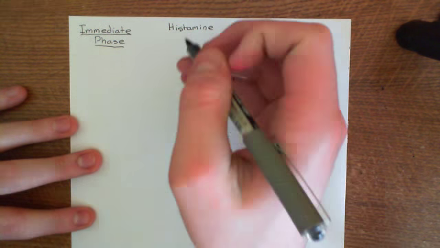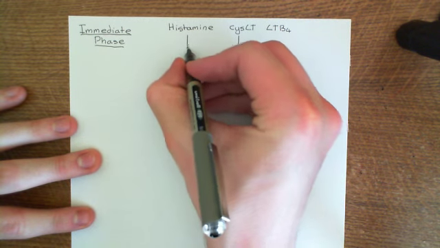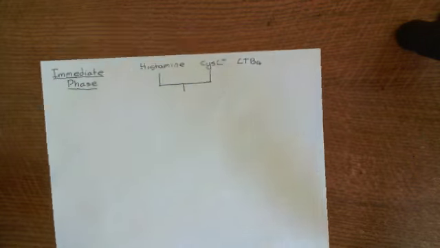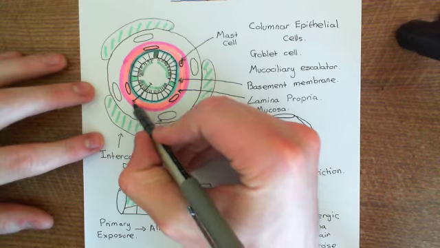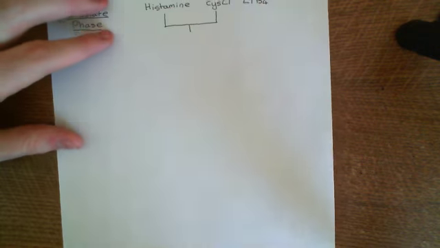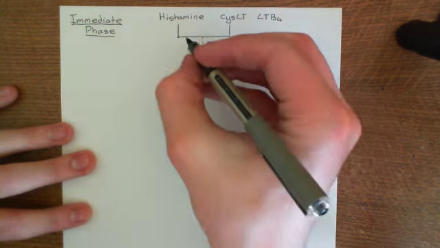Okay, so histamine and cystinyl leukotrienes are going to diffuse backwards, okay, backwards from the lamina propria to the more outer layer, the more peripheral layer, which is the smooth muscle cell layer over here. So they're going to diffuse backwards to the smooth muscle cell layer, and they're going to cause contraction of the smooth muscle cells.